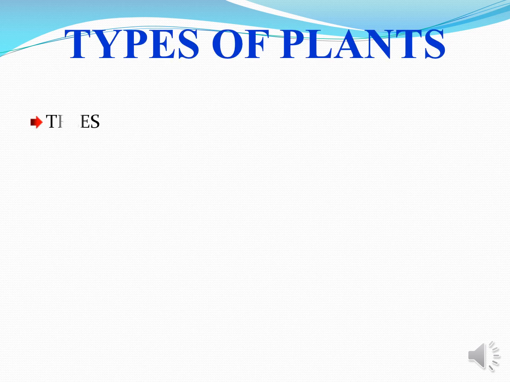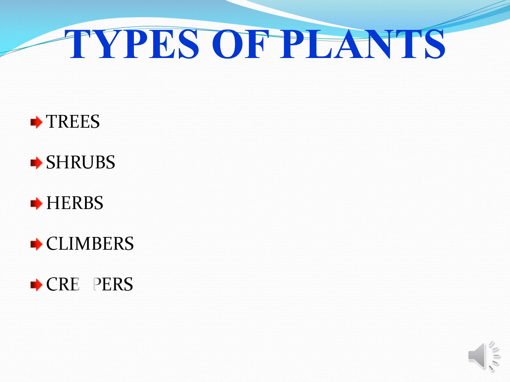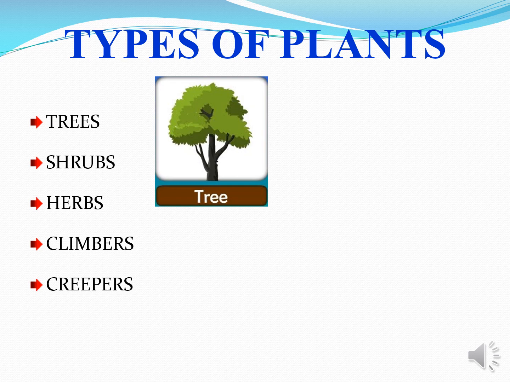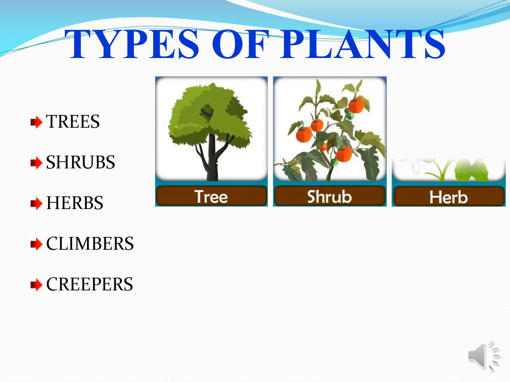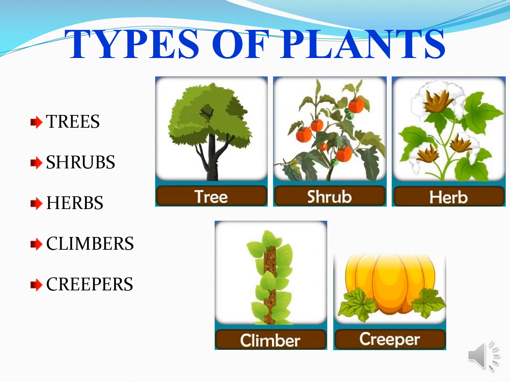Now we will discuss types of plants. Plants are all around us. Some plants are big, some are small, some are strong and some are weak.